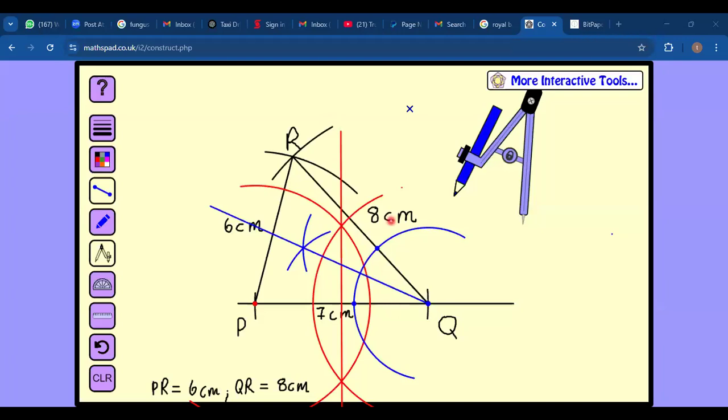So what we're going to do here is draw the arc here. We have a point here, then we put an arc here. Then we have the point here, and we put an arc there. Then after that, we draw a line in the middle. Once we draw that line in the middle, that line is the bisector.